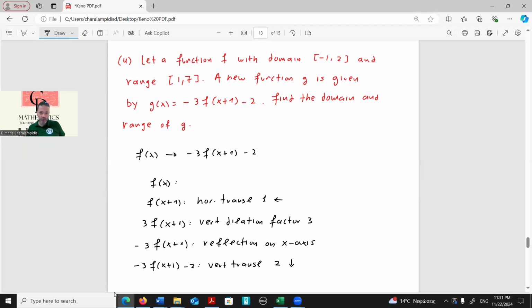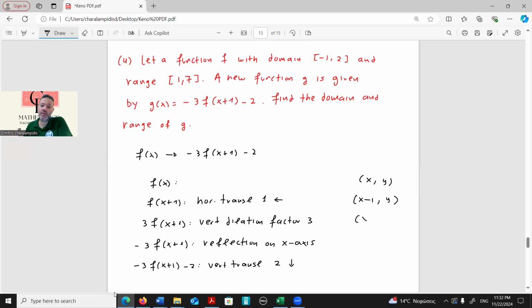Now, with regards to the coordinates of the points, starting from x, y, the horizontal translation 1 to the left means go and replace x by x plus 1. Not 1 to the left, sorry, it should go x minus 1, comma y. Then vertically dilate by factor 3 means multiply the latest y coordinate by 3.